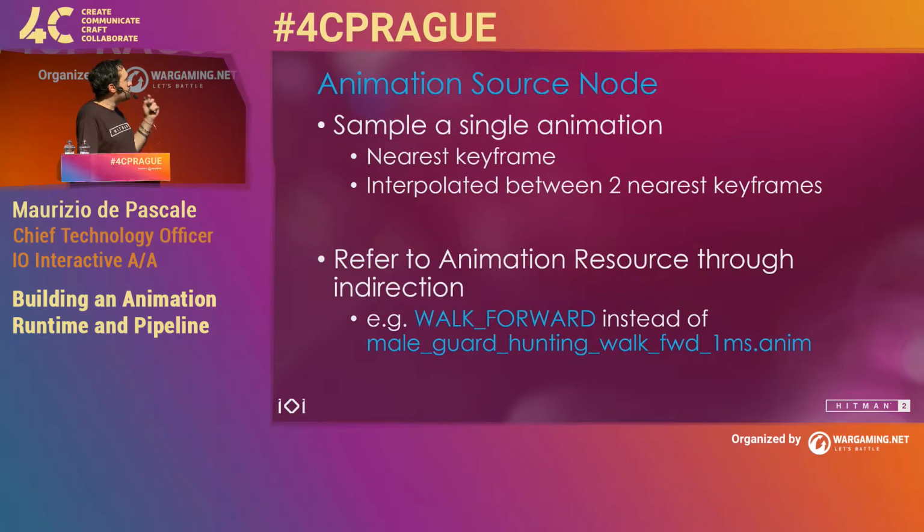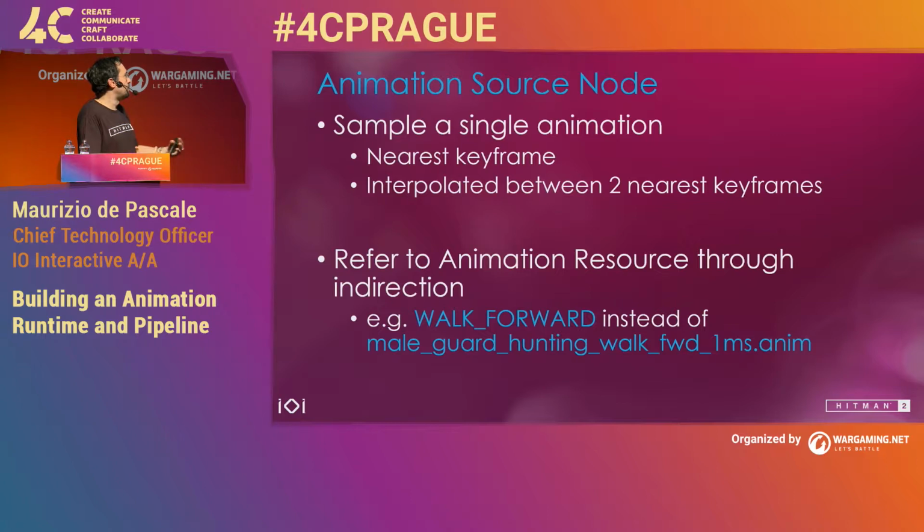And source nodes in our system actually represent an indirect source, because instead of directly referencing a specific asset, they contain just an identifier to point into another data structure that we call the animation database, to point to what you really want to use.